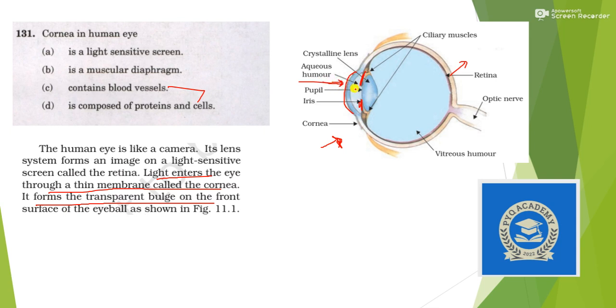It will not go directly, and it is going to hurt the vision. So there is no need for blood vessels; it is composed of proteins and cells only. So the cornea doesn't have blood, it is only composed of proteins and cells.